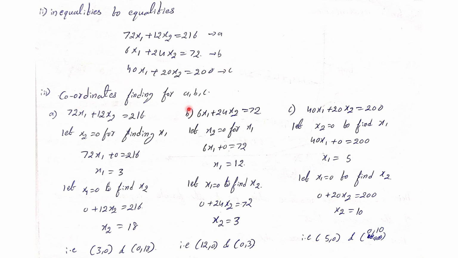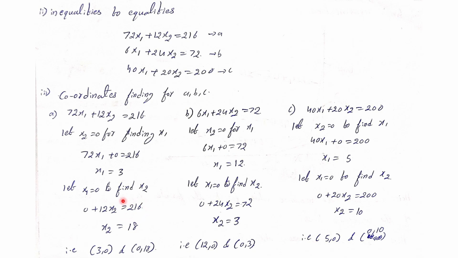For equation A, that is 72x1 plus 12x2 equals 216. First, for finding x1, let x2 equal 0. Then you get 72x1 plus 0 equals 216. By solving it, you get x1 equals 3. To find x2, let x1 be 0, then you get 12x2 equals 216.